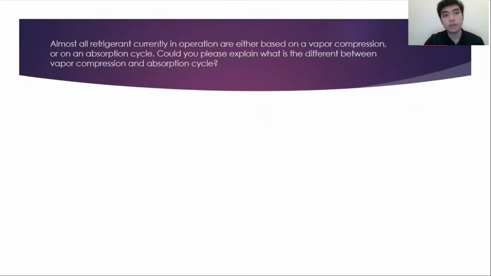Next discussion is almost all refrigerants currently in operation are either based on a vapor compression or on an absorption cycle. Could you please explain what is the difference between vapor compression and absorption cycle?